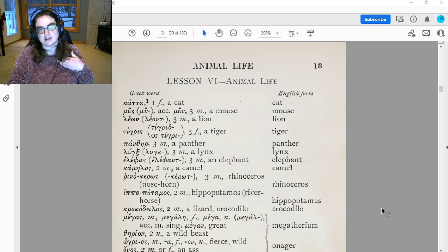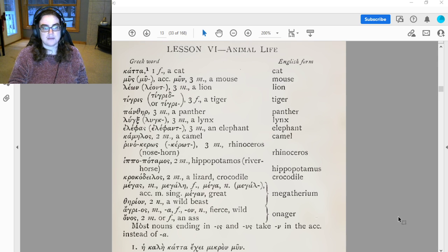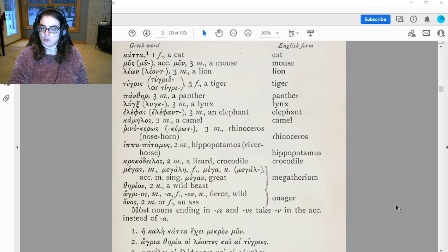I'm blanking on what it is if I ever knew it, but hippopotamus, hippopotamus, crocodilos, crocodile, megas, megale, mega, big, giant, great, therion, wild beast, agrios, fierce or wild, onos, donkey, keep this PG.